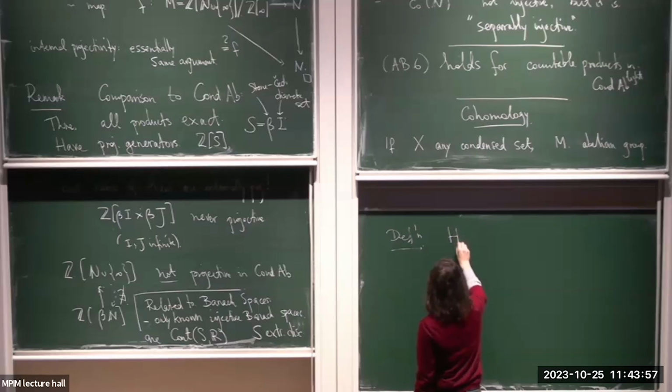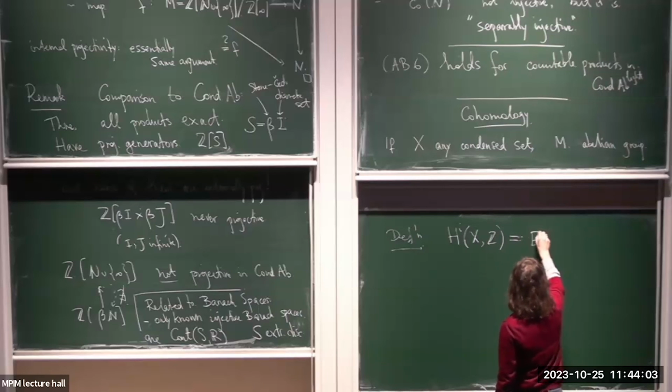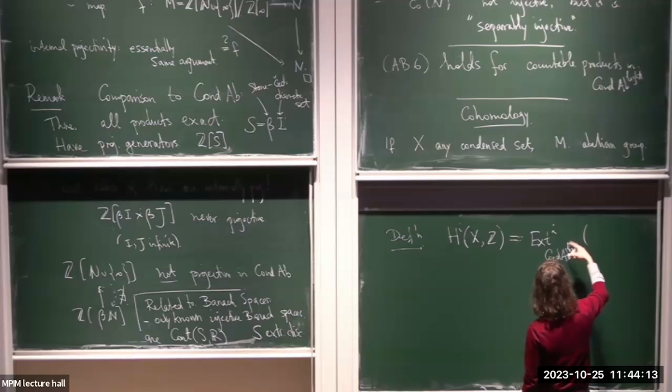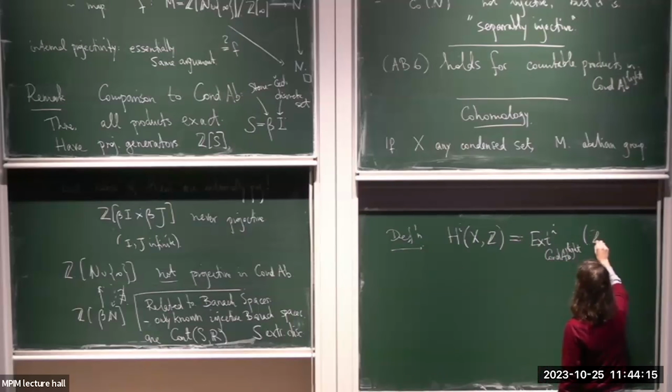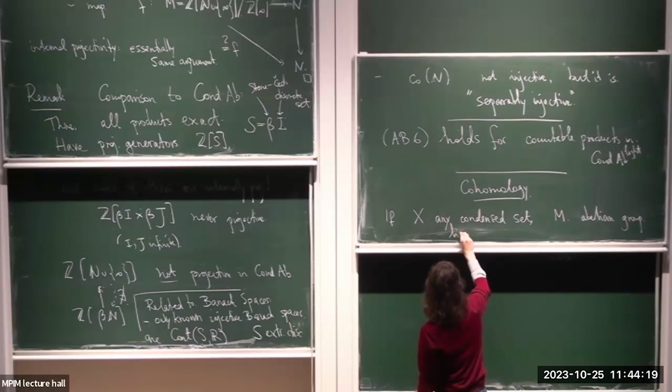Let's see. Cohomology of X with integral coefficients is, one way to say it in terms of the formalism that I now introduced, you take the Ext groups in light condensed abelian groups. Actually, they would also be the same as in all condensed abelian groups. I'm doing light stuff, so let me assume it's light.